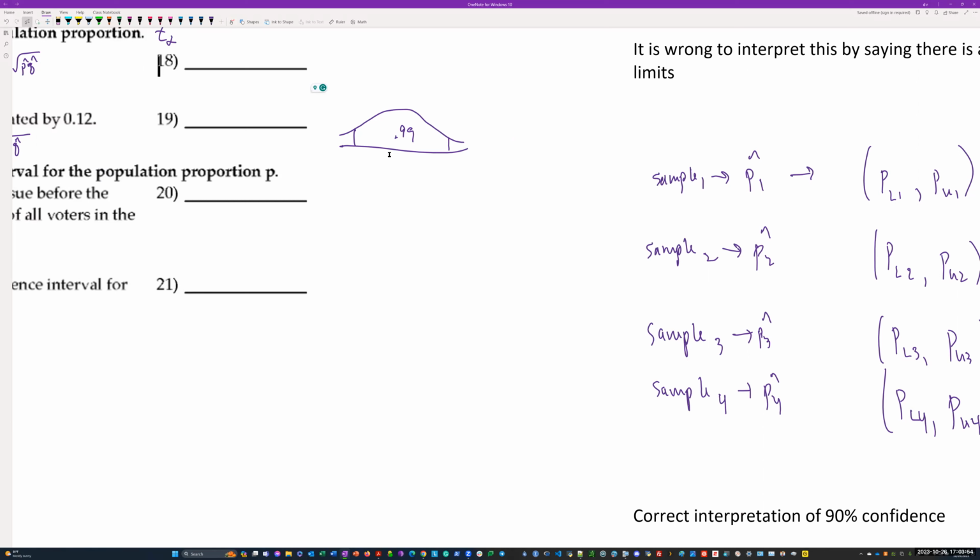Is that correct? 0.5%. So this is 0.005. Is that correct? That's why I kept saying not 0.5. You can't tell me it's 0.5. 0.5 is half the whole graph.